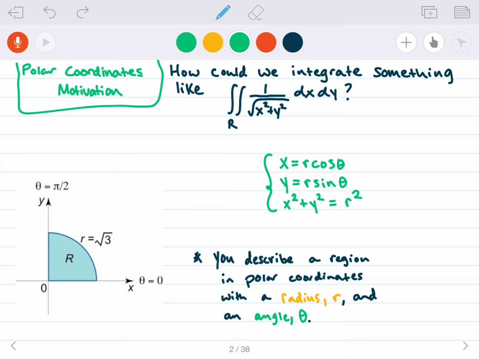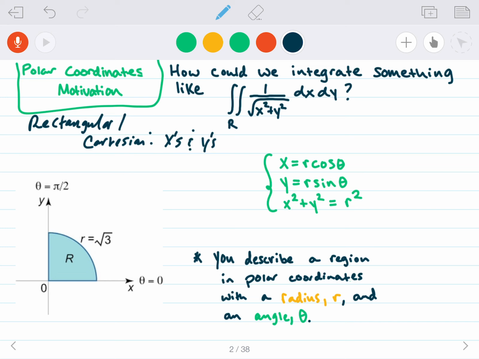coordinate system. And to do that, we're going to go from what's known as Cartesian or rectangular coordinates, which are x's and y's. So rectangular / Cartesian. This is going to be x's and y's.